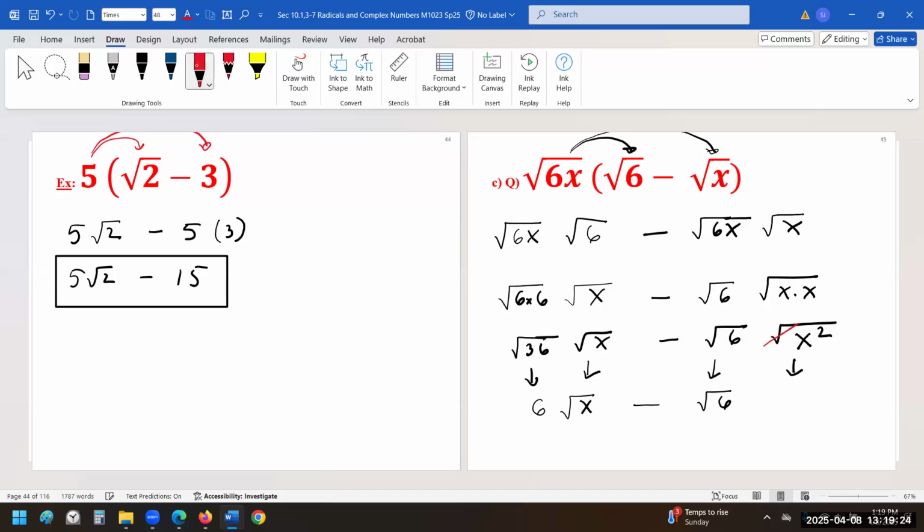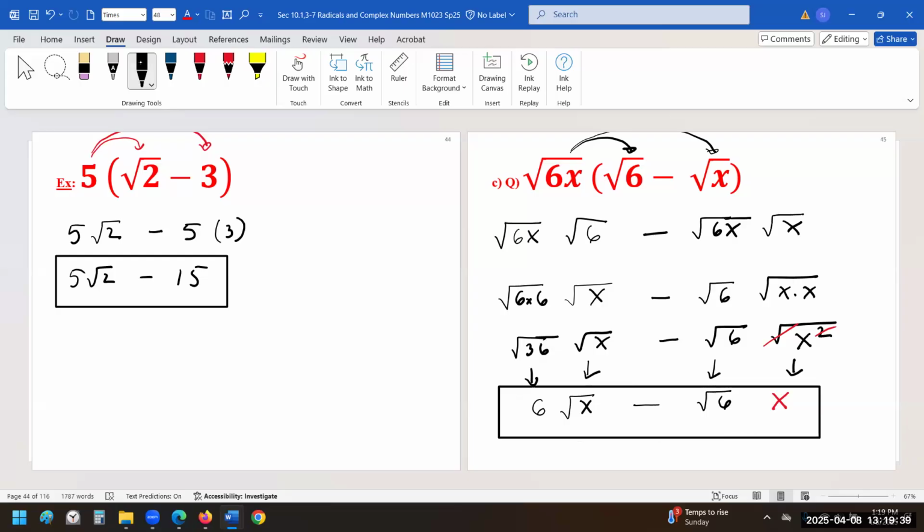Good. The square root and square cancel out. So we are left with the single x. And they're not like terms, because even though we have the same radical, now the insides are different. We cannot combine them anymore. We stop.